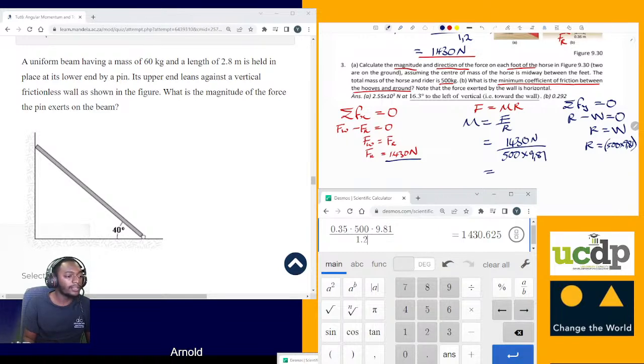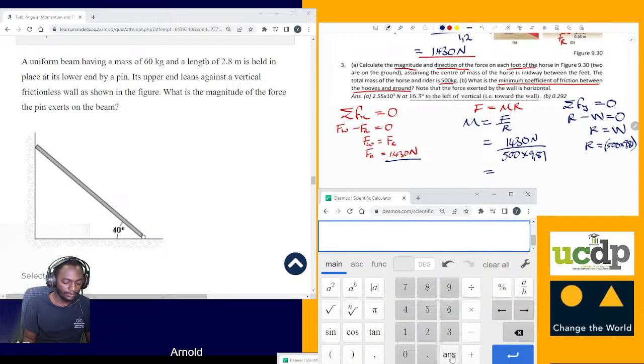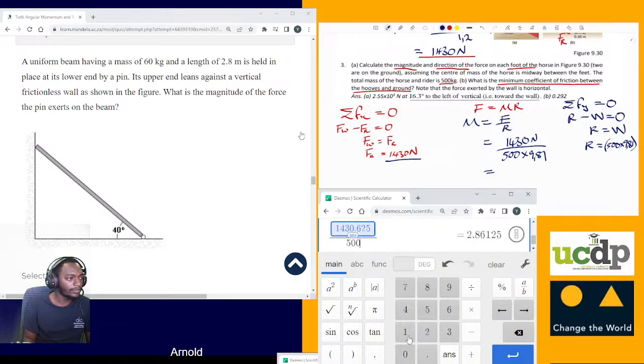So we punch that. We get 0.292, if you round off.